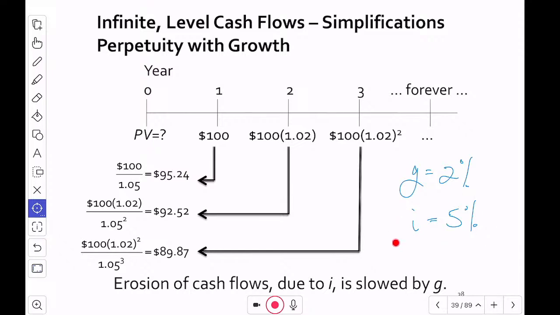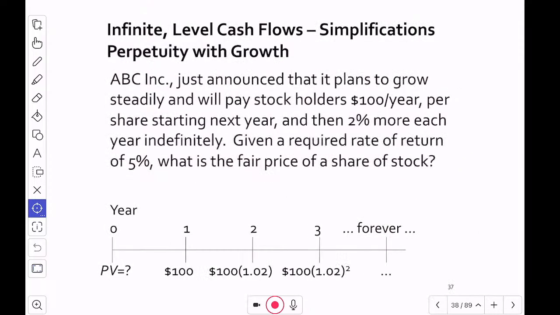The interest rate that I call I is the rate of return, or the required rate of return of 5%. So stockholders consider a rate of return for their calculations. They'll use a rate of return that reflects what they're requiring.